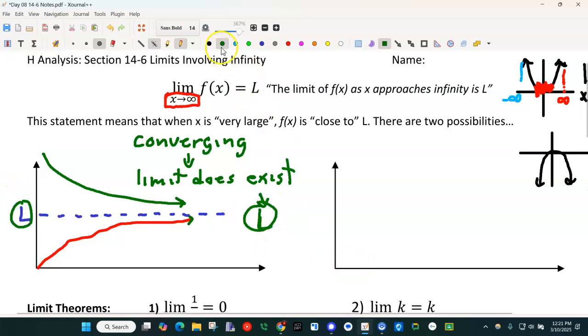And then we have the other case, maybe like a power function that just kind of goes up and up, like 3 to the x, or 3 to the 1, 3 to the 2, 3 to the 3. It just infinitely gets bigger and bigger and bigger. Therefore, the limit does not exist. So if I say that's 3 to the x, we'd say that limit does not exist. It just goes bigger and bigger to infinity.